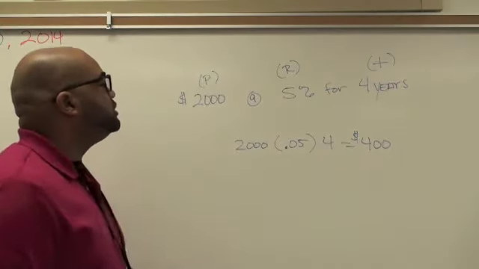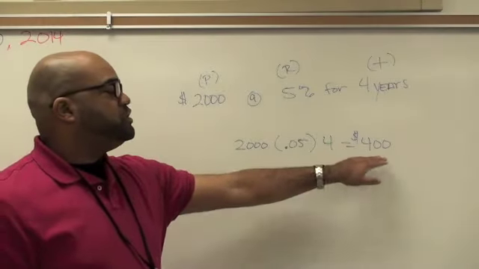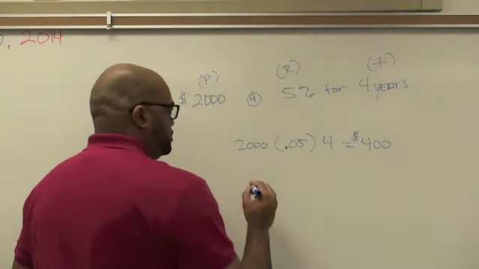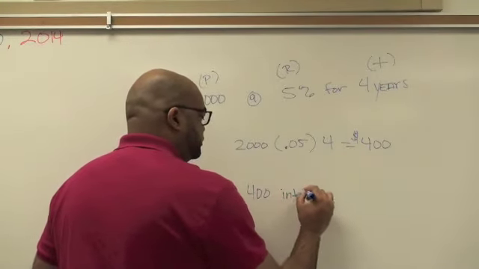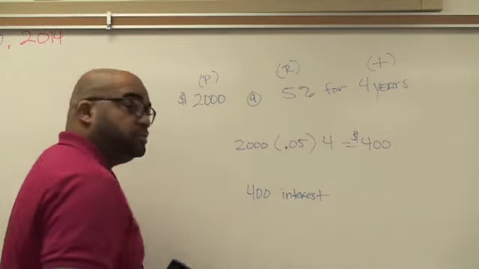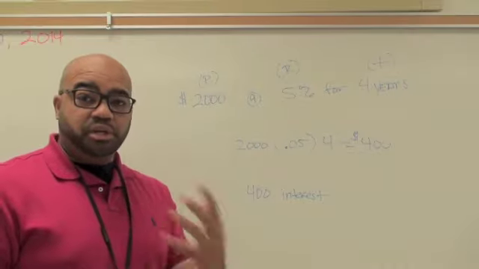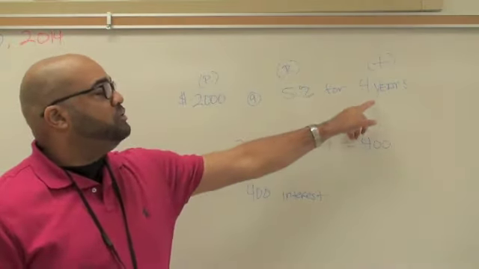If I borrow $2,000 at 5% interest, I will pay $400 in interest for that whole 4 years. So $400 is the interest amount. Now, with this number here, if I want to figure out how much I pay each year in interest, I would just take this number and divide it by my amount of years.